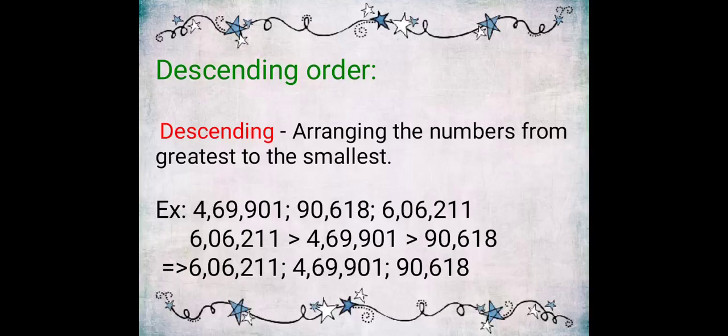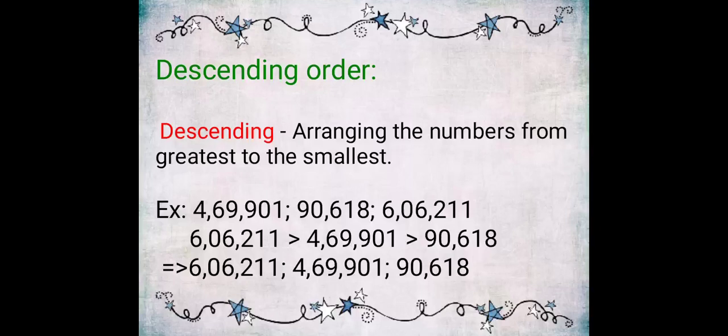I should check the places. Very good. So now check the places and tell me which will be the greatest number. So, checking the lakhs place, I have 4 in the first number, and in my second number, I don't have any lakhs place, whereas my third number has 6 in its lakhs place. So, which is the greatest number? The number which has 6 in the lakhs place. Very good.